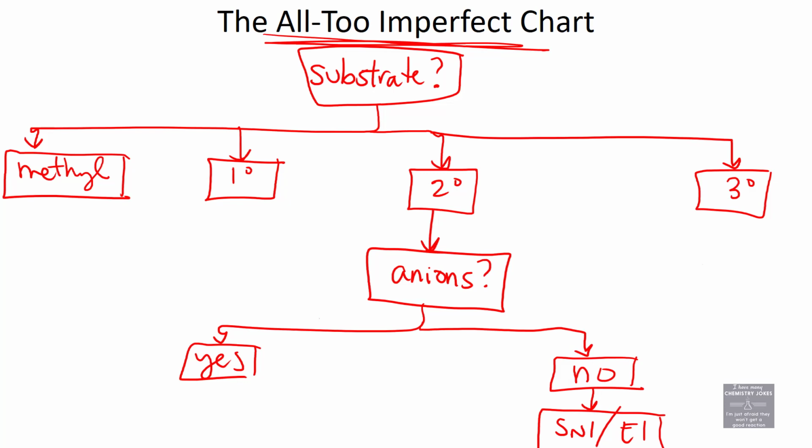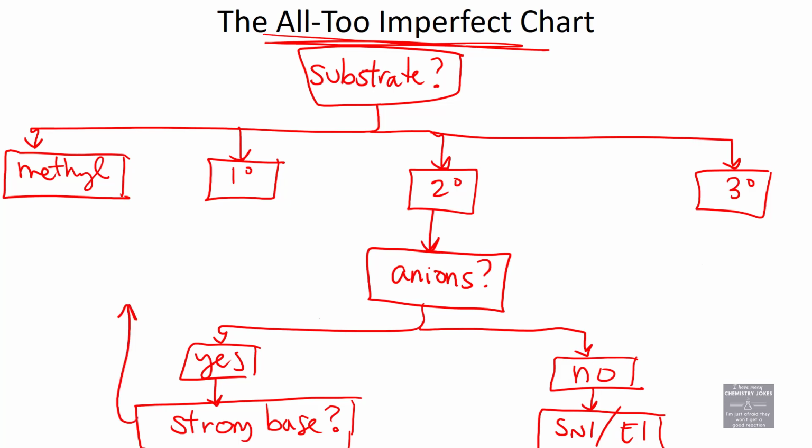Yeah? If the answer is yes, you have to ask another question. Are the anions that I have strong bases? Is it a strong base? We're going to go real crooked up here and say no, yes. Told you I needed more room.